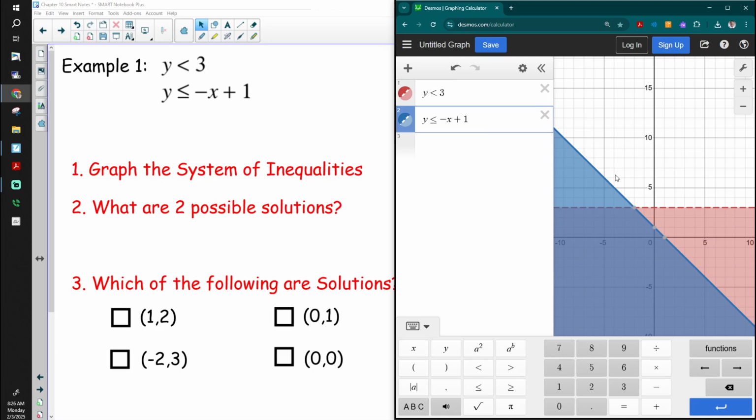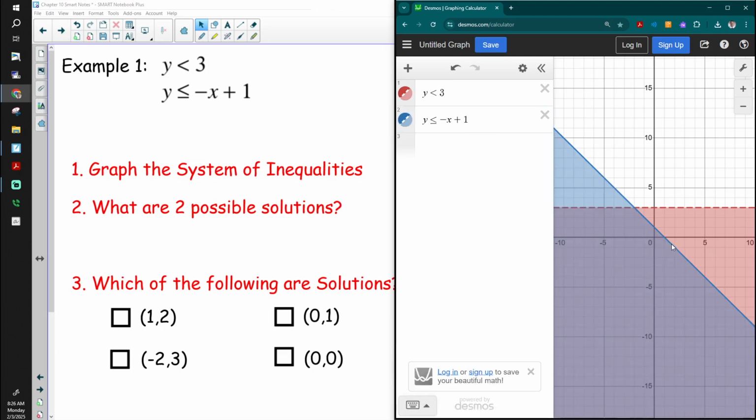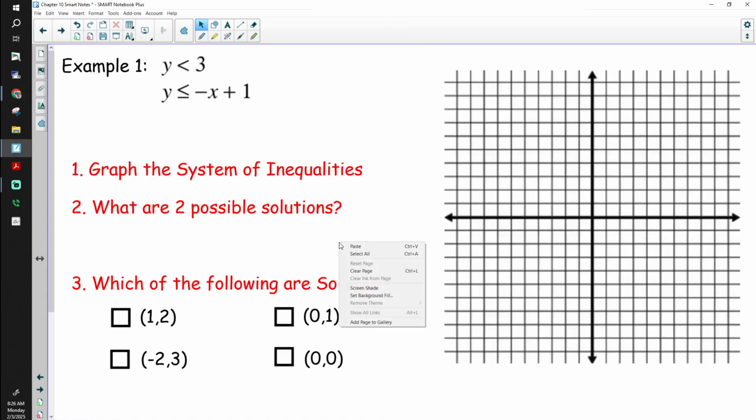Okay, so here is what I am looking at right now. I'm going to take my first color, whatever color you have, and plot the point 0, 3, and draw a dotted line across it. I plot 0, 3, 1, 2, 3, and graph a dotted line.